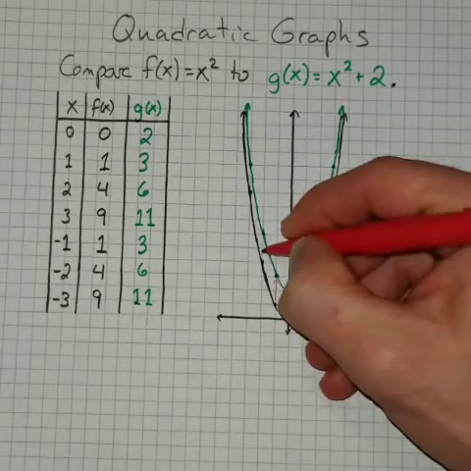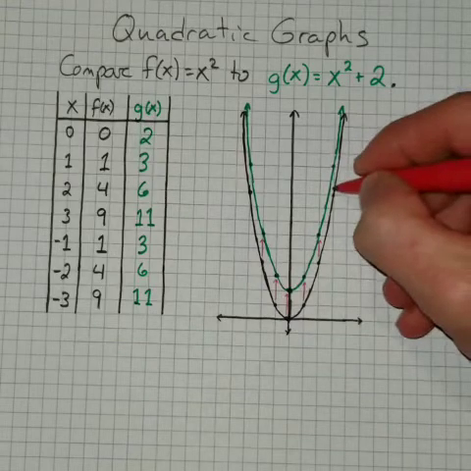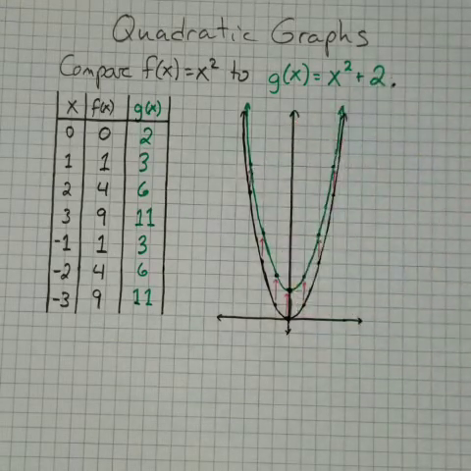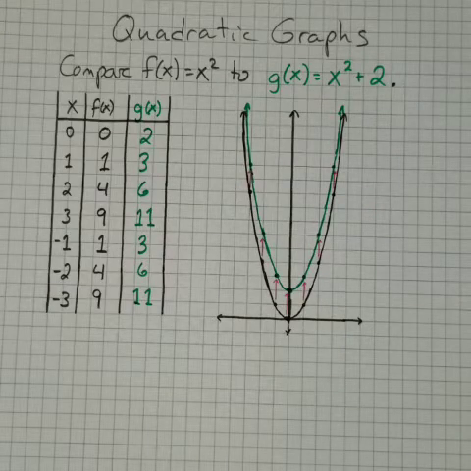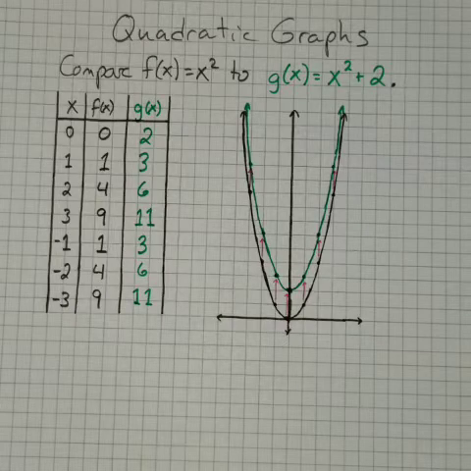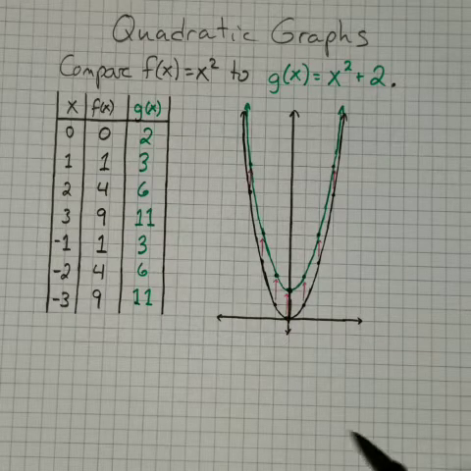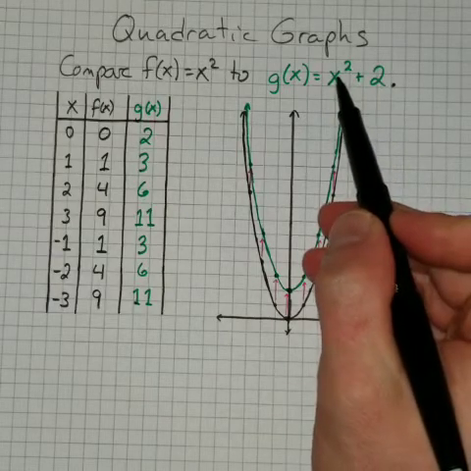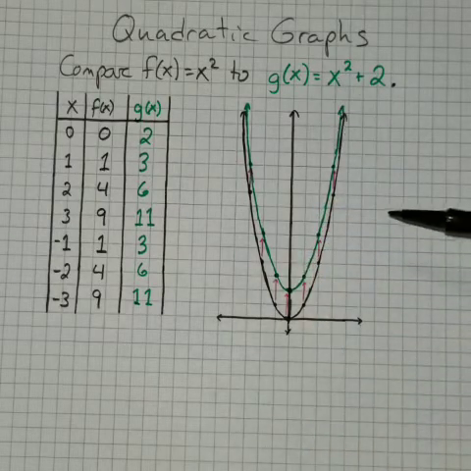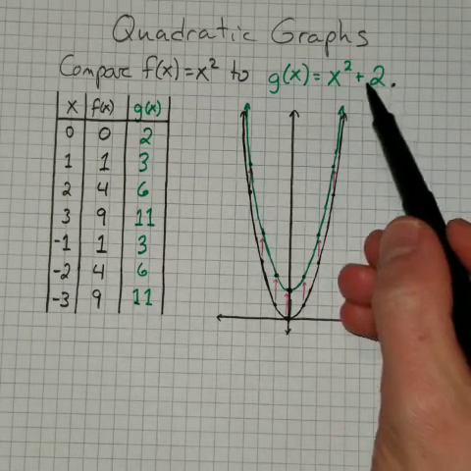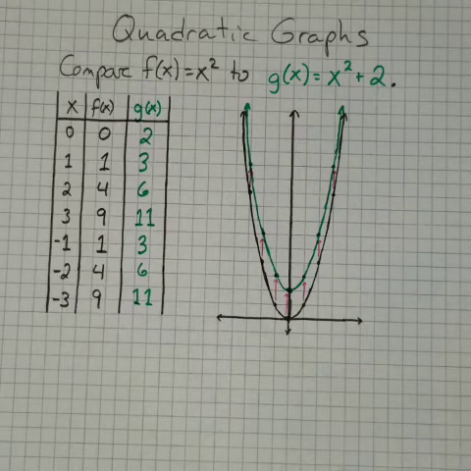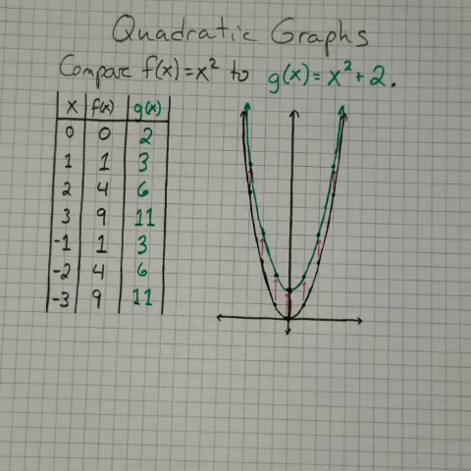Every one of these points essentially gets moved up 2 units from the original point. Alright, so we have a general principle here that says if you add a number to the original function, you shift up that many units. If you were to subtract, you can imagine that it would shift down. It would be reducing each of those values by that amount.